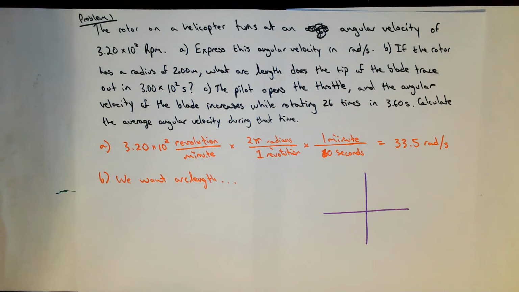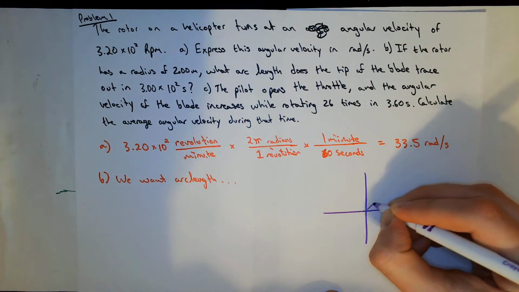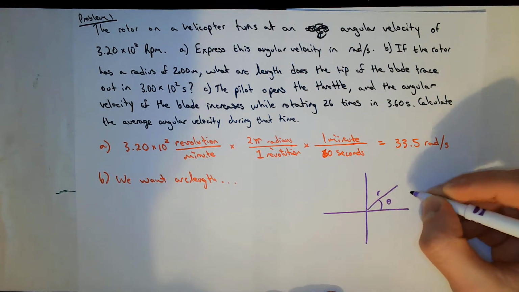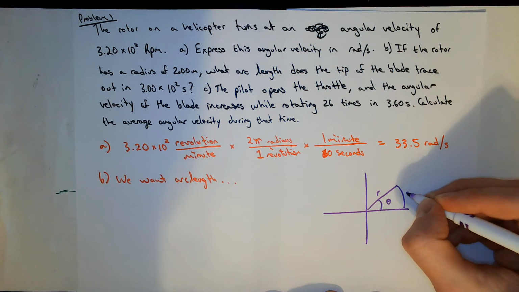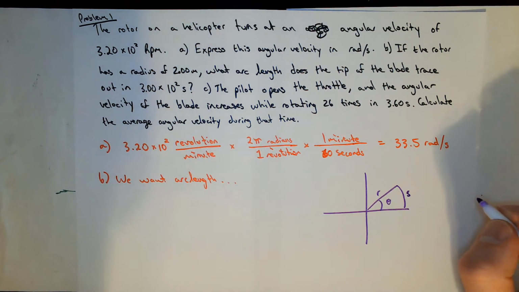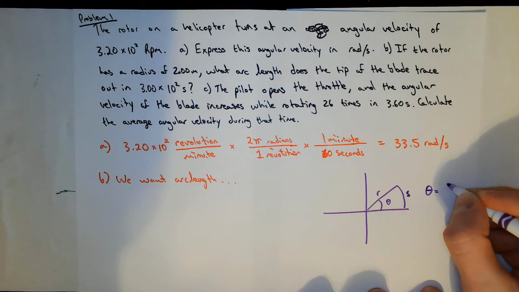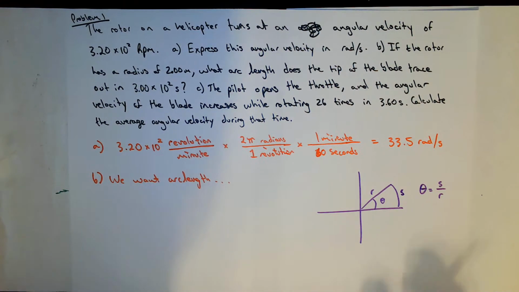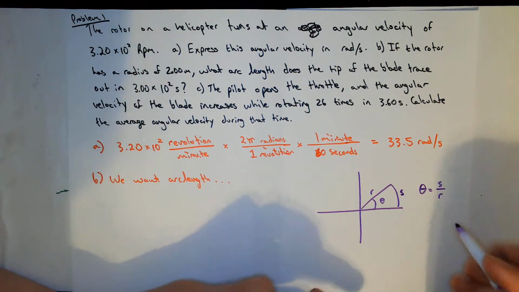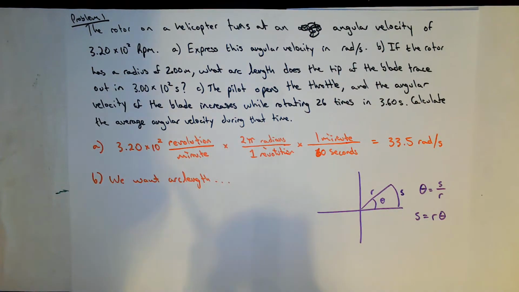If you have radius and arc length, you can find the angle, etc. So for some angle theta, with some given radius, there is an arc length here, S. And one of the relationships is theta is equal to S over R. We want arc length, that's the S. So manipulate this equation a little bit: S is equal to R times theta.